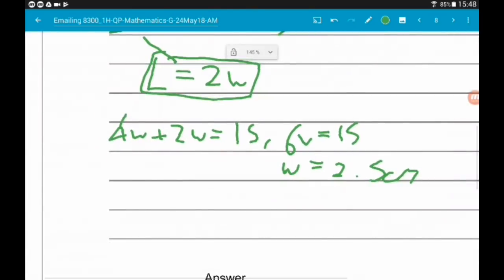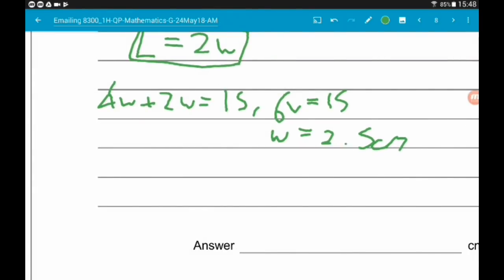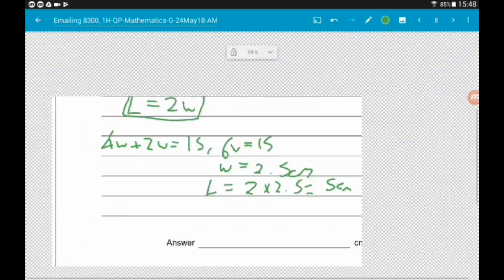So remember, a length is 2 times the width. So L is 2 times 2.5, which is equal to 5 centimeters. So now we know the measurements of the length and the width.